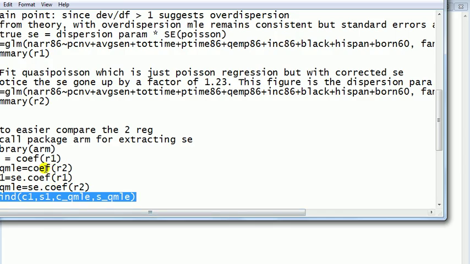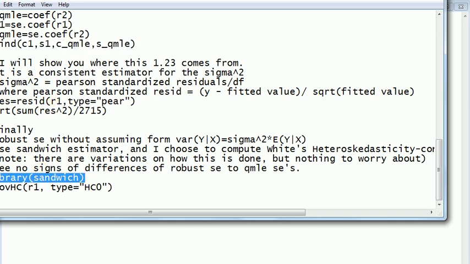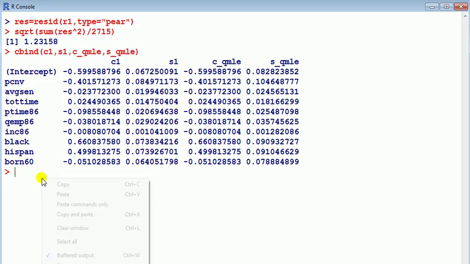Well, just out of your own interest, we can get that by using what they call the sandwich estimator, because that turns out to be a general form for the variance. It looks like a sandwich.